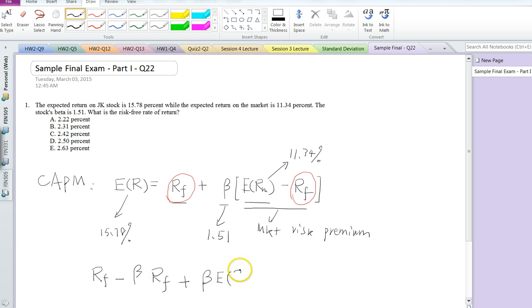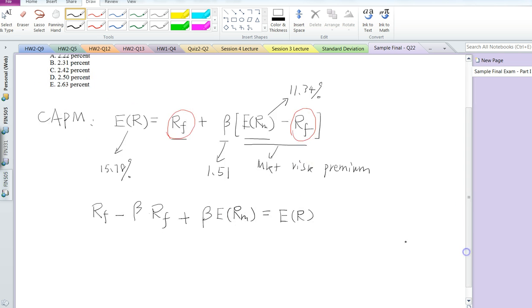the expected return on the market, and this equals the right hand side, the expected return on the security. Once I combine the terms, the left hand side becomes 1 minus beta times RF, which equals, moving this to the right hand side, the expected return on the security minus beta times the expected return on the market.